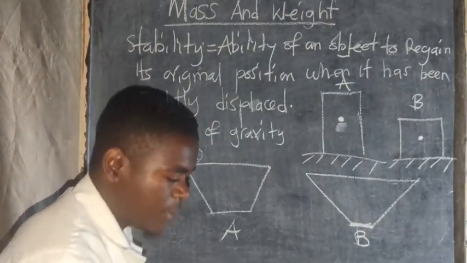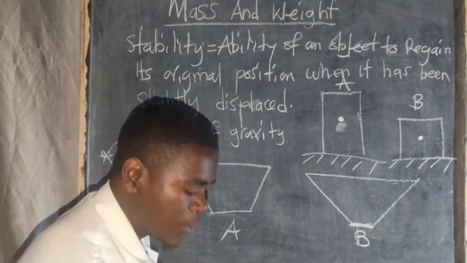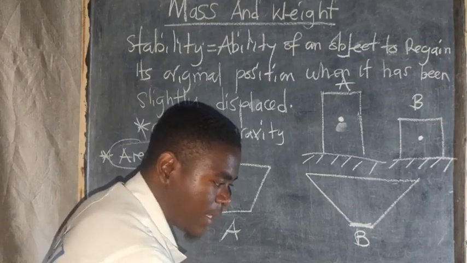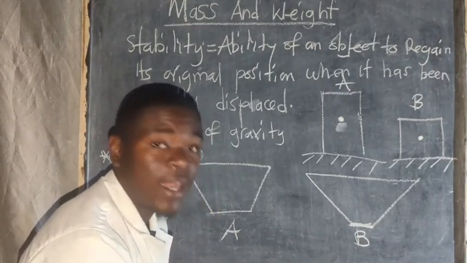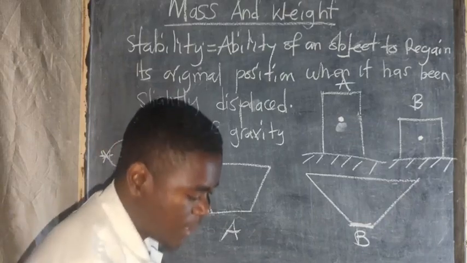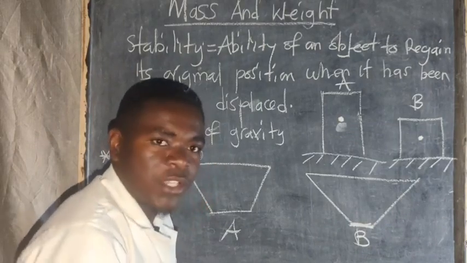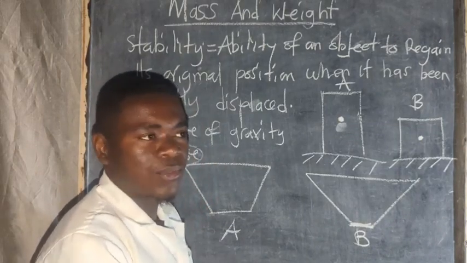So that's why it is advisable to put the luggage down there, so that they are able to see that this thing is more stable now. So that is what gets to happen.